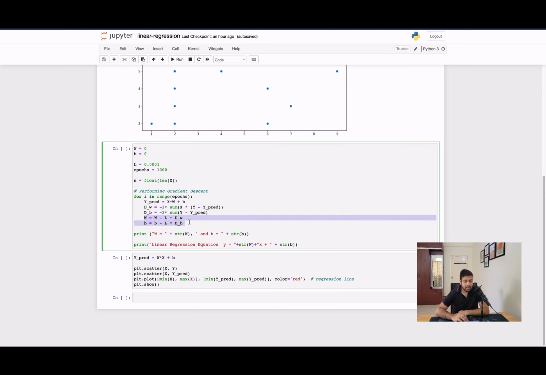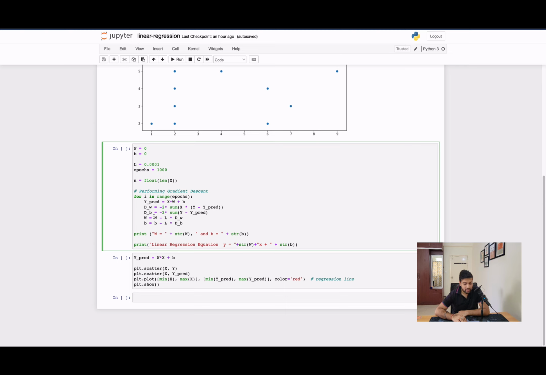Now comes the second part of that discussion, where we talked about how you update these weights. W and B were your existing weights. You have calculated the derivative of the loss function with respect to W and B. Now you have to update these parameters. The update equation is existing weight minus learning rate times the derivative with respect to that parameter.